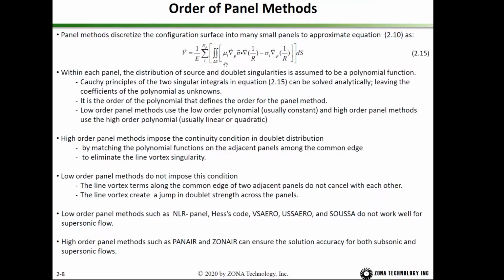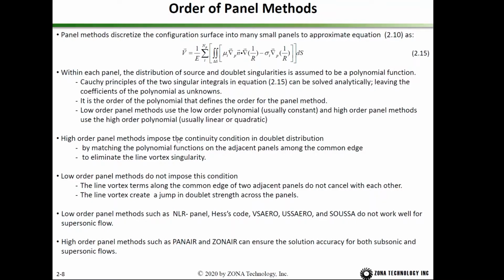And so within each panel, the distribution of the source and the doublet singularity is assumed to be a polynomial function. The Cauchy principal value of the two singular integrals can be solved analytically, leaving the coefficients of the polynomial as unknowns. And therefore, it is the order of the polynomial that defines the order of the panel method. The lower order panel method uses a lower order polynomial, usually constant, and the high order panel method uses a high order polynomial, usually linear or quadratic.